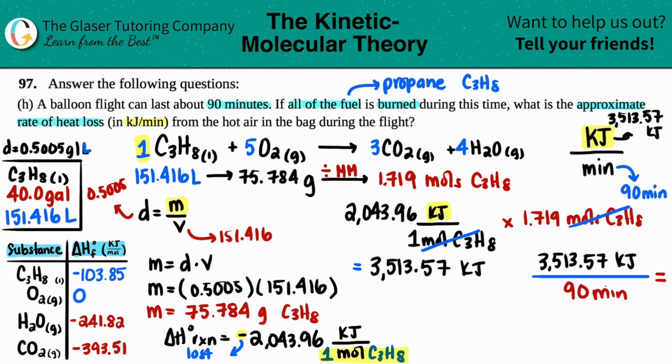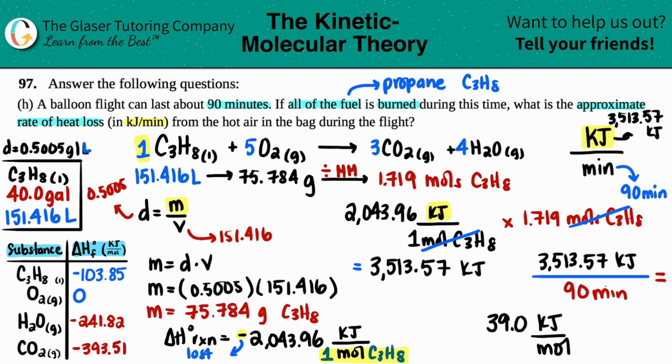Doing the calculator, 3,513.57 divided by 90 is 3 sig figs now, because it all stemmed from the gallons. We can call it that. At this point, who cares about sig figs, right? So 39.0.